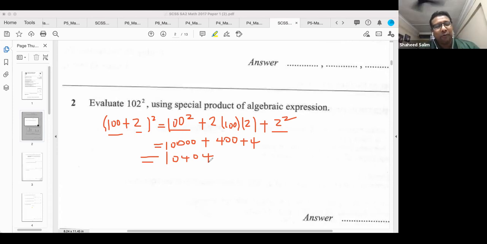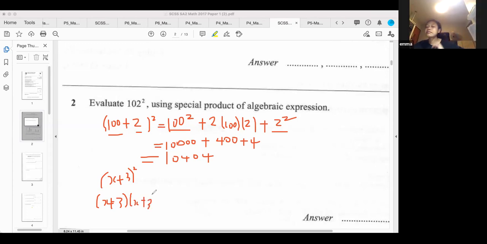Okay, you can't see the pattern. If you were to practice expansion of this, you can see the pattern. Let's say I put x plus 3. You have to do one by one, right? X plus 3 times x plus 3.